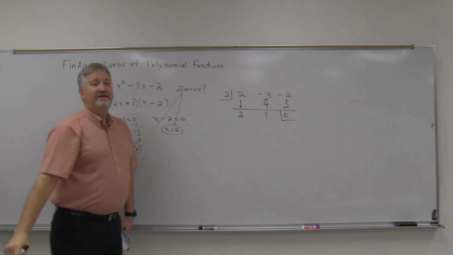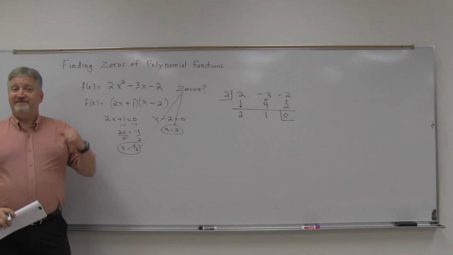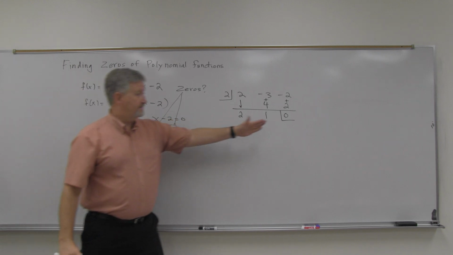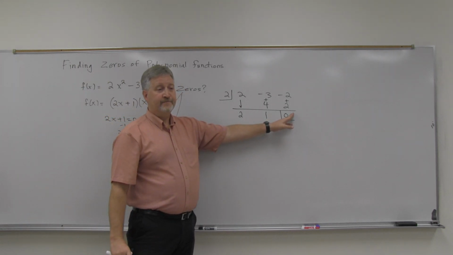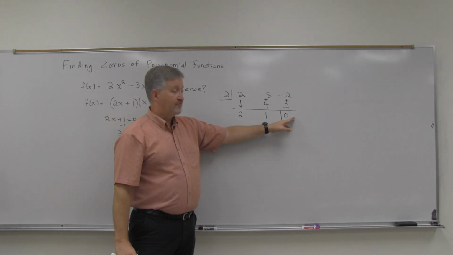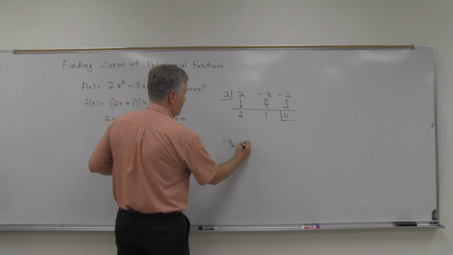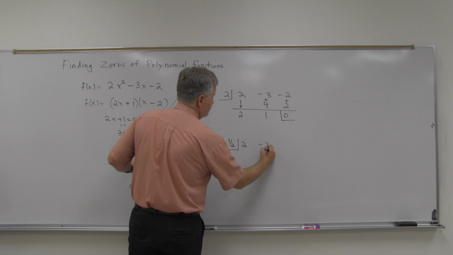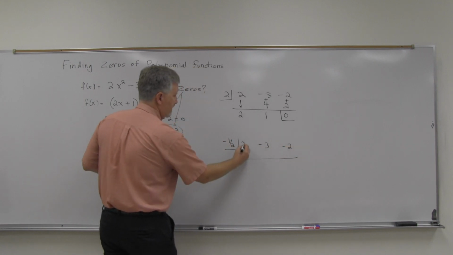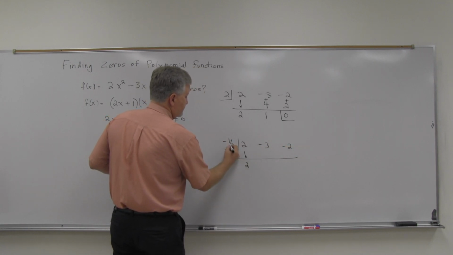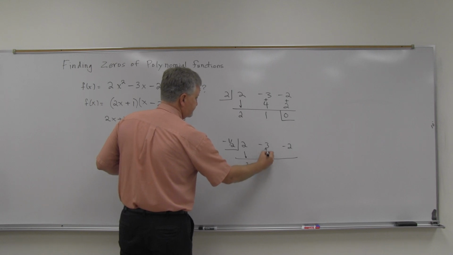Notice that when I do that division, the remainder is 0. And the same thing happens if I do the negative 1/2. See what happens there: bring down the 2. 2 times negative 1/2 is negative 1.